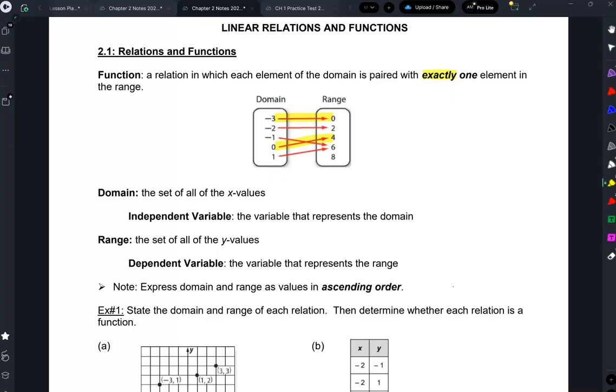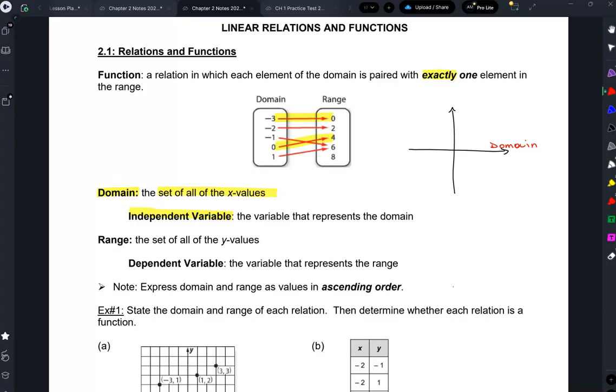Okay, fine. But what is domain and range, right? Domain is the set of all of the x values that exist for a function. In other words, it's the independent variable. So if you have an x and a y axis, the domain would go here.